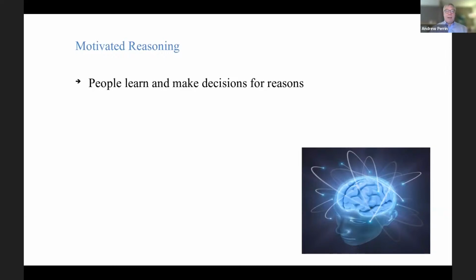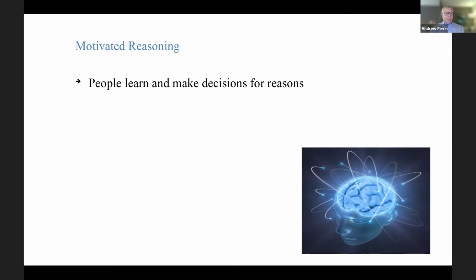This is complicated by some stuff we know from good political psychology, and the world of political psychology has demonstrated, I think, almost conclusively that motivated reasoning is the right way to understand how people approach particularly political questions. That is, the basic insight of the motivated reasoning literature is that people learn and make decisions for particular reasons. They're not what we might call Bayesian updaters, simply moving through the world and incorporating data in a neutral way.